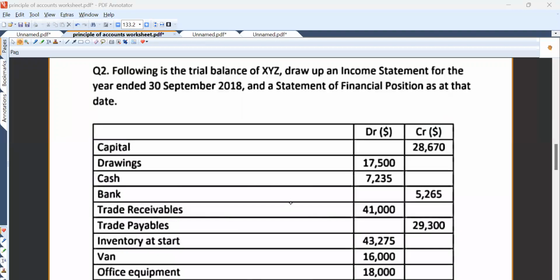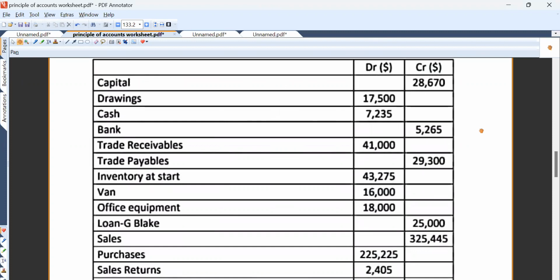So over here we have to draw up an income statement for the year ended 30th September 2018. First of all, I need to differentiate between the components of income statement and balance sheet. You have the format. Income statement always starts with sales.